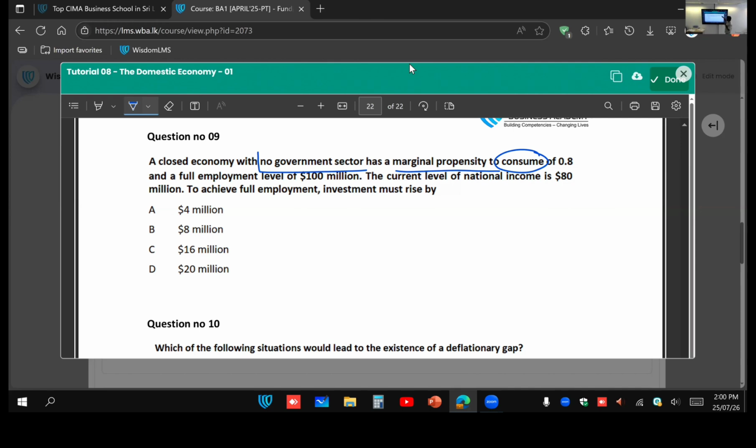Marginal propensity to consume is 0.8 and the full employment level is 100 million. The current level of national income is 80 million. To achieve full employment, investment must rise by... Give it a try.